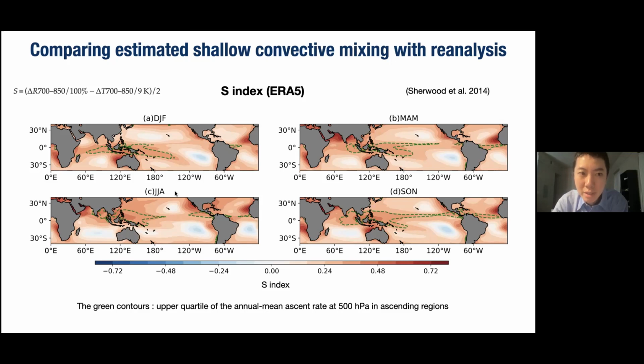This is basically the combination of the difference of relative humidity and temperature between 700 hectopascal and 850 hectopascal. So this index is a proxy of convective mixing, and we can see the spatial pattern is similar to our estimation of convective mixing.